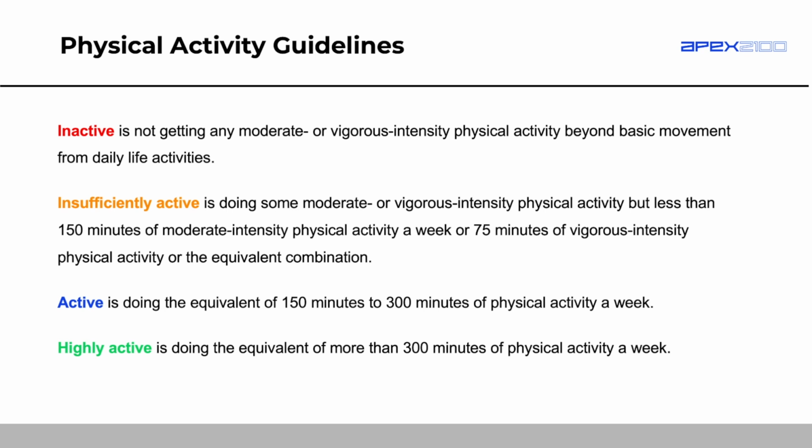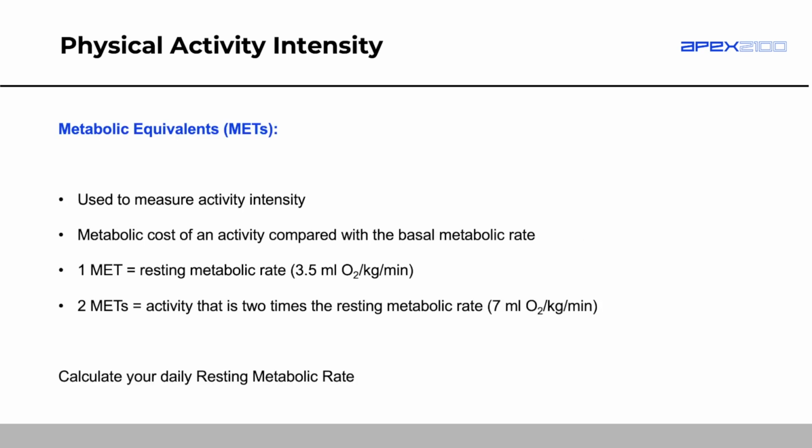So let's talk more about what this moderate and vigorous intensity means now. And in order to do that, we need to understand something called METs, because activity intensity is measured in the form of METs, which is metabolic equivalence. So a MET is the metabolic cost of an activity compared with your basal or resting metabolic rate.